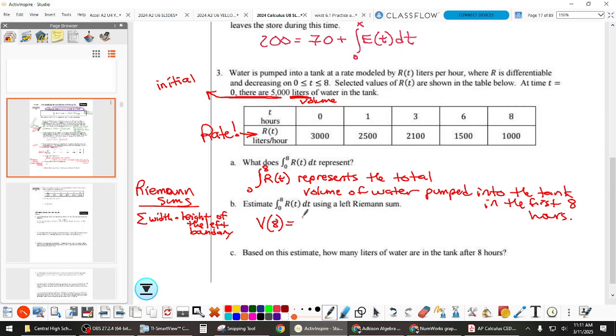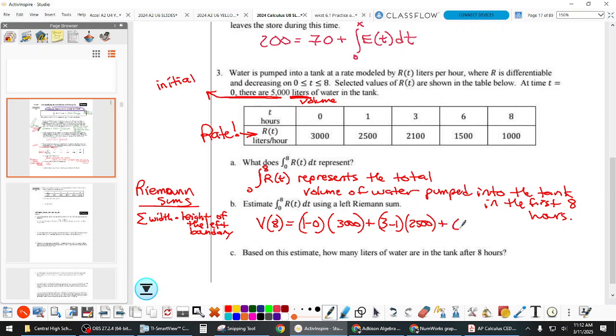Okay, so like you said, it's 1 minus 0 times 3,000 plus, what's the next one? 3 minus 1 times 2,000, times 225. It would just be times, because we're making left rectangles. Yeah, good.